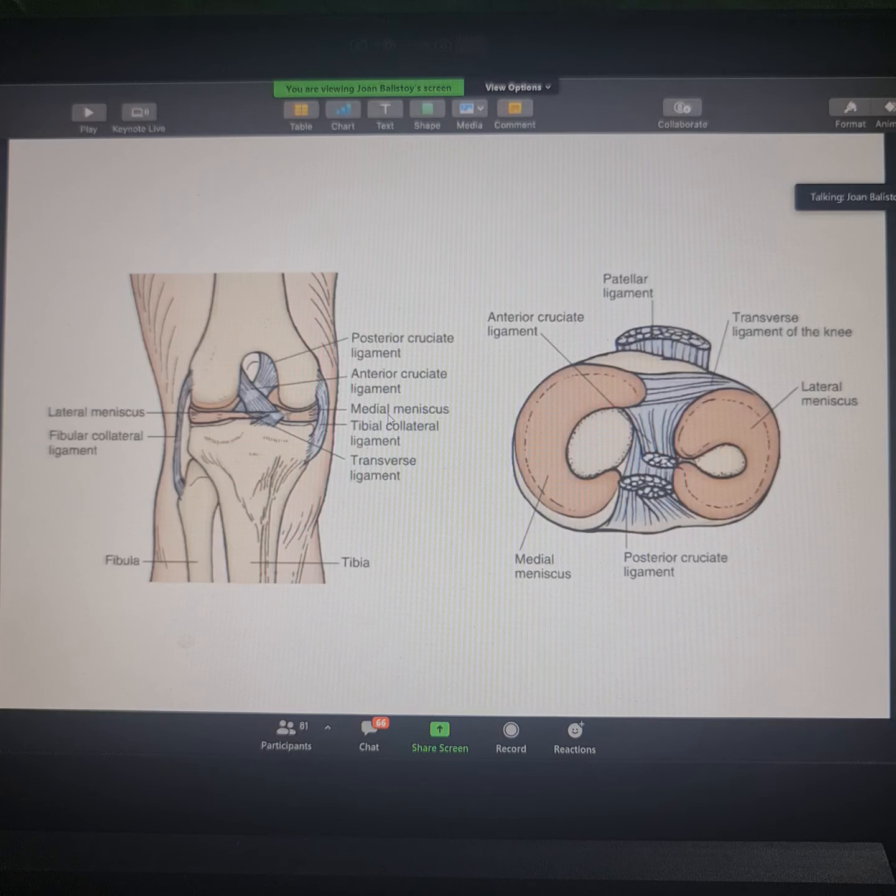joint. But it always tells you the same parts. You will always see the same parts. As you can see here, the lateral collateral ligament is labeled as fibular collateral ligament. Some books have that, but it's still the same.